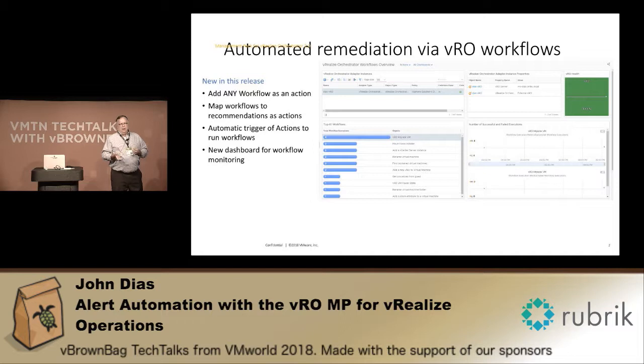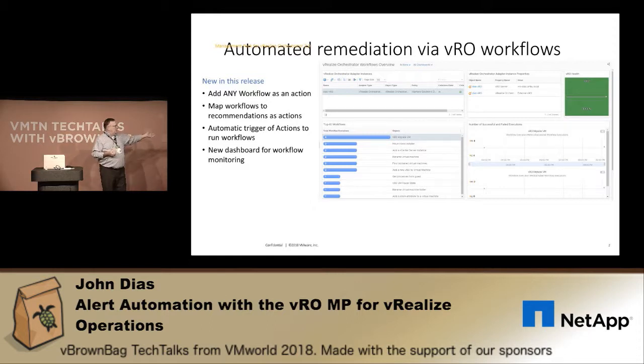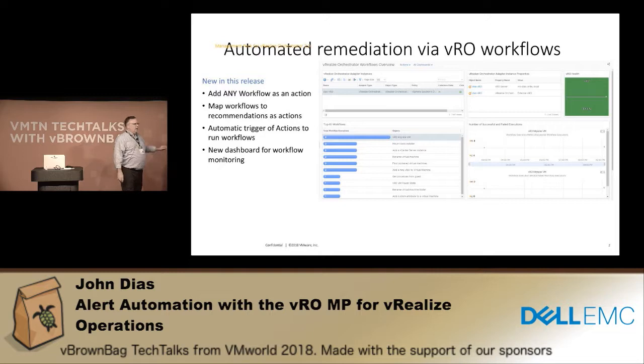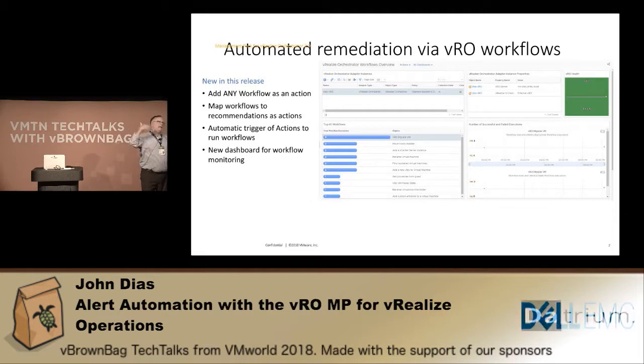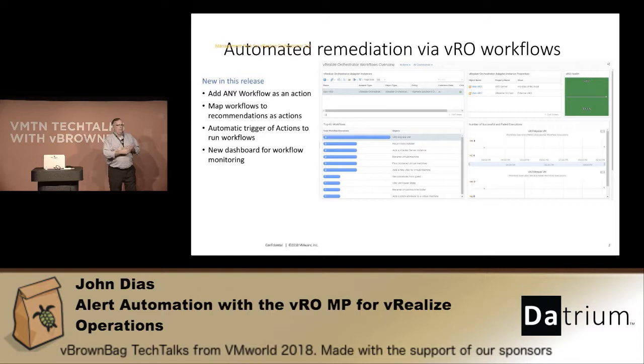You can obviously automate that task with things like Orchestrator, things like PowerShell. So if I have that workflow already built in Orchestrator, why don't I just automatically have that happen when I get an alert for a VM that's had high CPU for a long period of time?